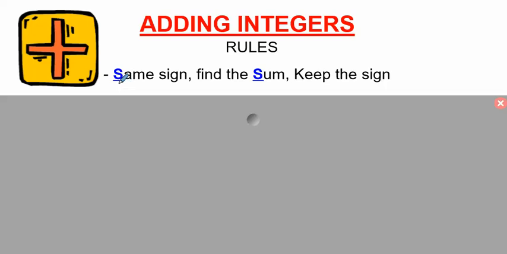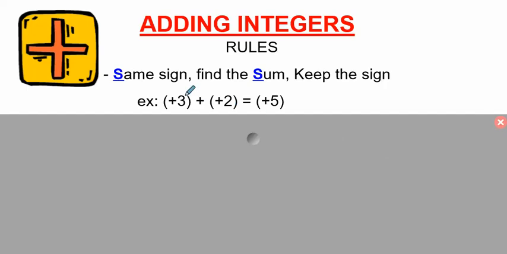All right. So adding integers with the same sign is probably the easiest. If they are the same sign, then you're going to find the sum and then keep the sign, either positive or negative. So for example, if you have 2 positive numbers, you would add them together and keep the positive sign. So plus 3 plus 2 is plus 5. That's normal addition.